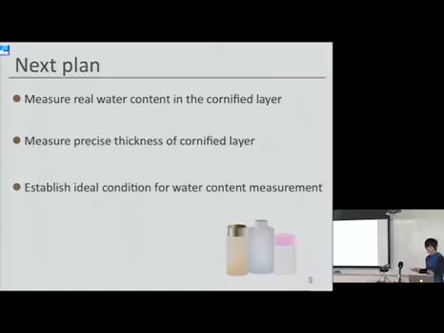If the position where I put the epidermal tissue on the prism is different, or if there is air between the prism and the epidermal tissue, the result will change. There is also an evaporation effect, so the measurement time is limited because of evaporation from the epidermal tissue. So I need to establish ideal conditions for water content measurement.